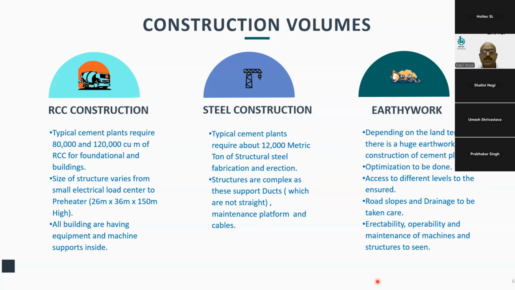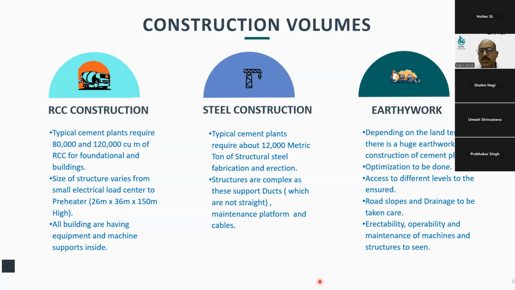Now comes the steel construction. So the same size of plant consumes almost 12,000 metric ton of structural steel fabrication and erections. Structures are made to support complex duct systems, maintenance platforms, operating platforms, and cables. Another huge component is earthwork. So depending on the land terrain, the earthwork volume is decided.